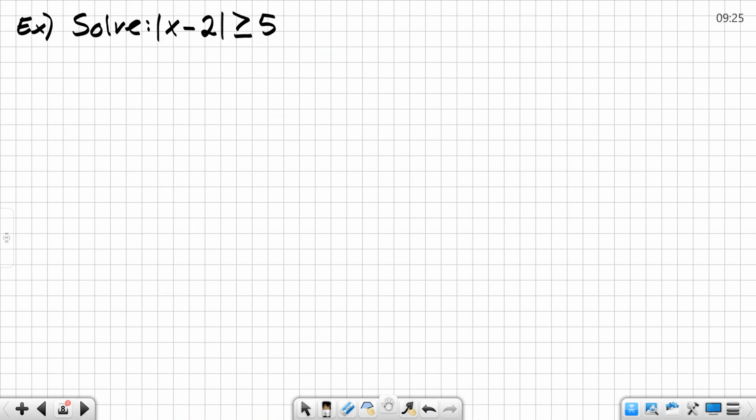All right, let's do an example. We want to solve the absolute value of x minus 2 is greater than or equal to positive 5. So we do not have to work to isolate the absolute value bars because it is already alone. And that means now I can immediately turn this into two separate inequalities.